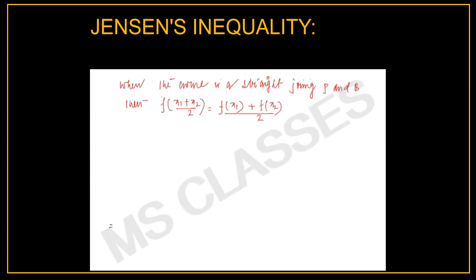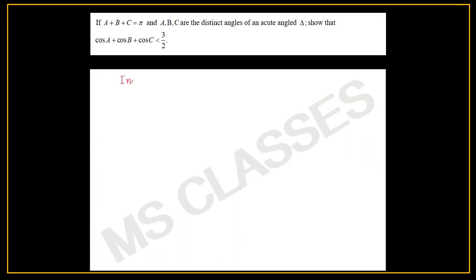So when f double dash is greater than 0, that is a concave up shape graph, then we can say that f of (x1 plus x2)/2 is less than (f of x1 plus f of x2)/2. So these are the three criteria which we get.